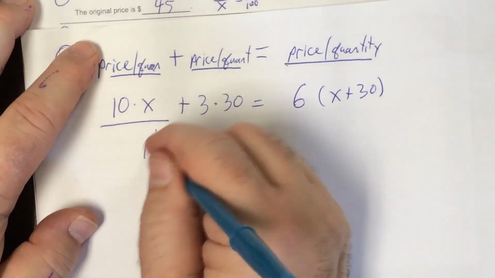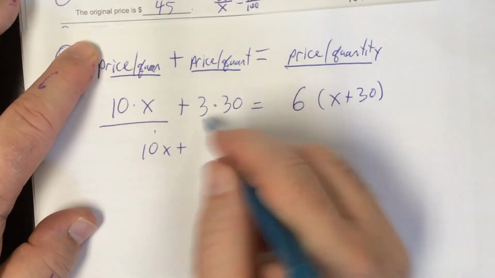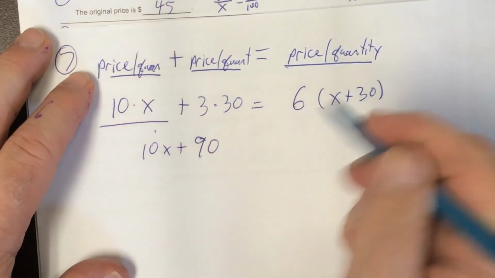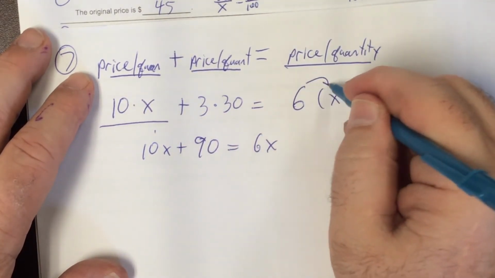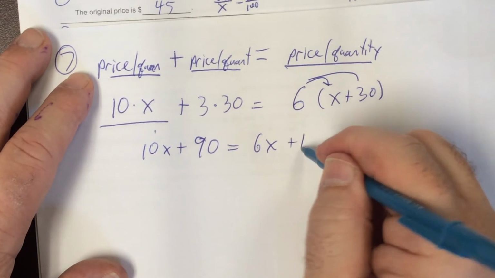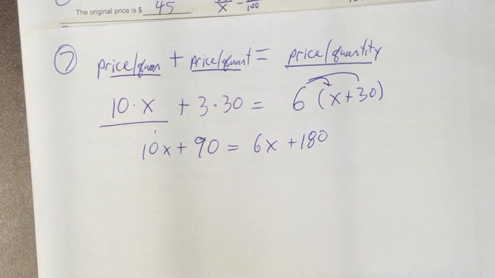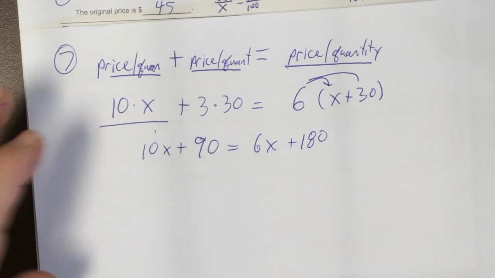So here that's going to give us now, and I'll move this up a little bit, 10x plus 3 times 30 is 90 equals, and let's go ahead and distribute here, 6x plus 180. And we have an equation now that we can solve, and we can find that value of x.